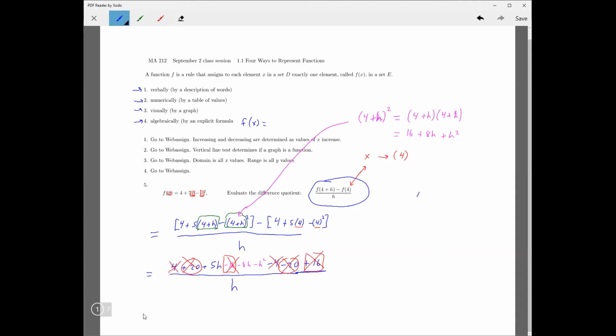So we're just left with 5h minus 8h. That's minus 3h minus h squared, and that's all over h. And then you can factor an h out. And then the h is reduced, okay?